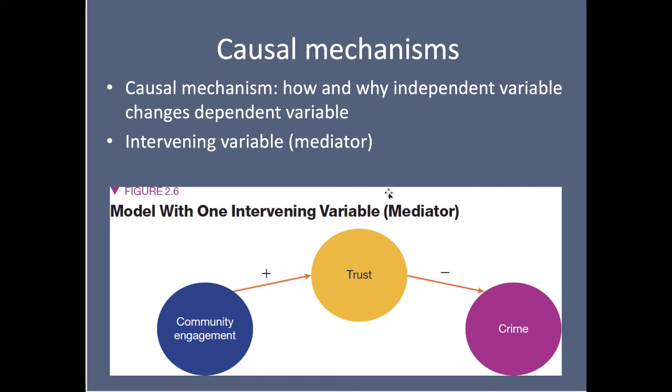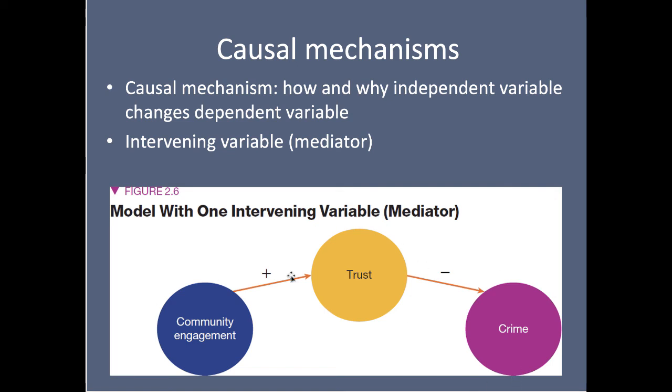And the idea is more trust is going to be lower crime. You might think, that's not a very complete theory. And I would have to agree with you. And later on, we're going to talk about more complete theories. And in fact, we're going to make it slightly more complete right now.